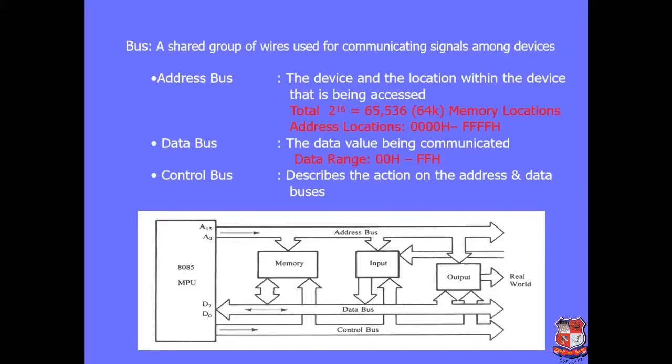There are 16 address lines. It means total 2 raised to 16 memory locations are accessed through this address bus. In 8085, the data bus is of 8-bit. These values are 00H to FFH, or 2 raised to 8, means 256. The control buses are used to control the action of address and data bus. The bus organization of 8085 is shown in a figure.